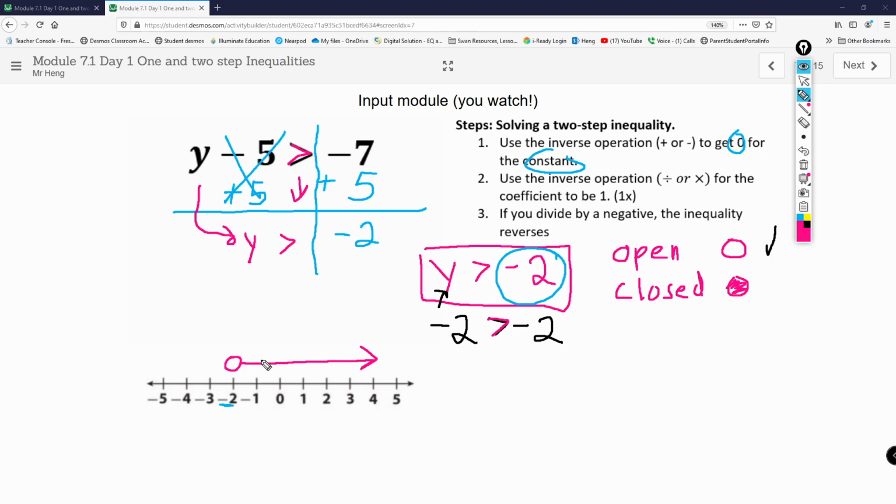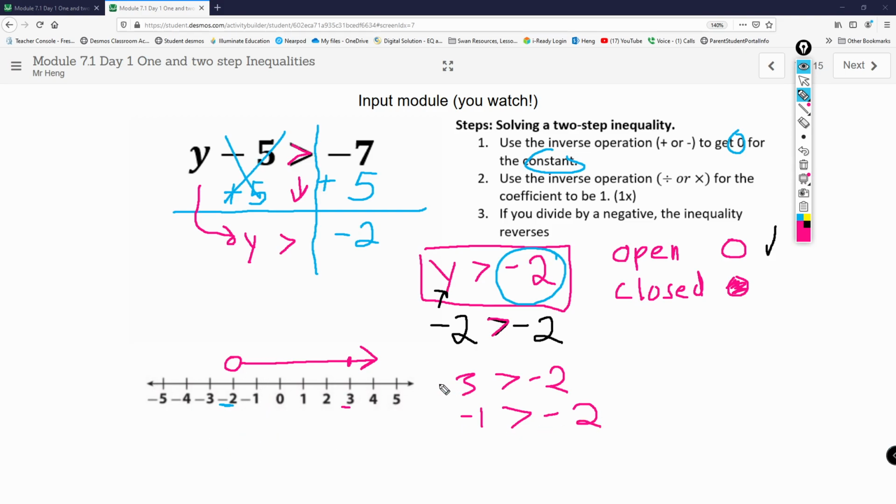Now, let's check to see if this is true or not. Is 3 greater than -2? Yeah, it is, right? Let's pick another one on the line. Let's pick -1. Is -1 greater than -2? Yes, it is.